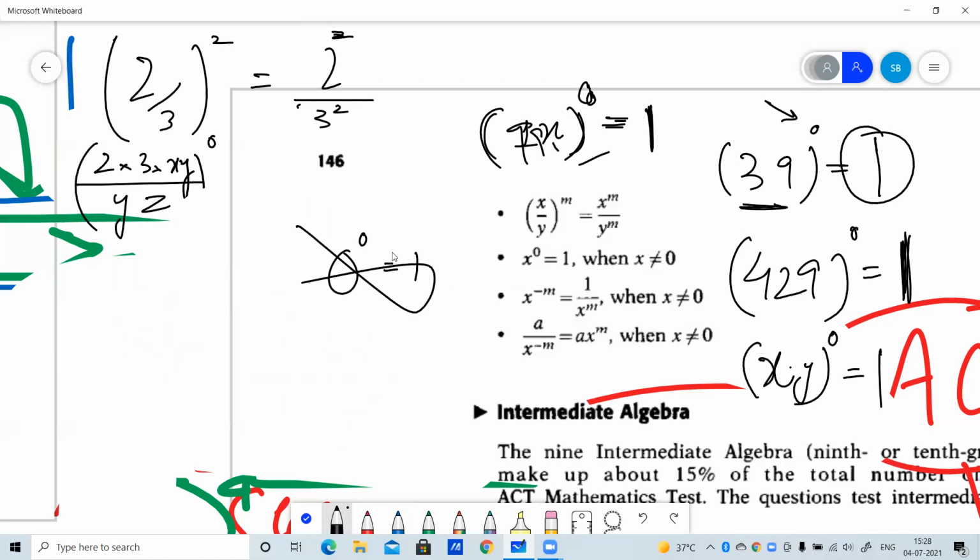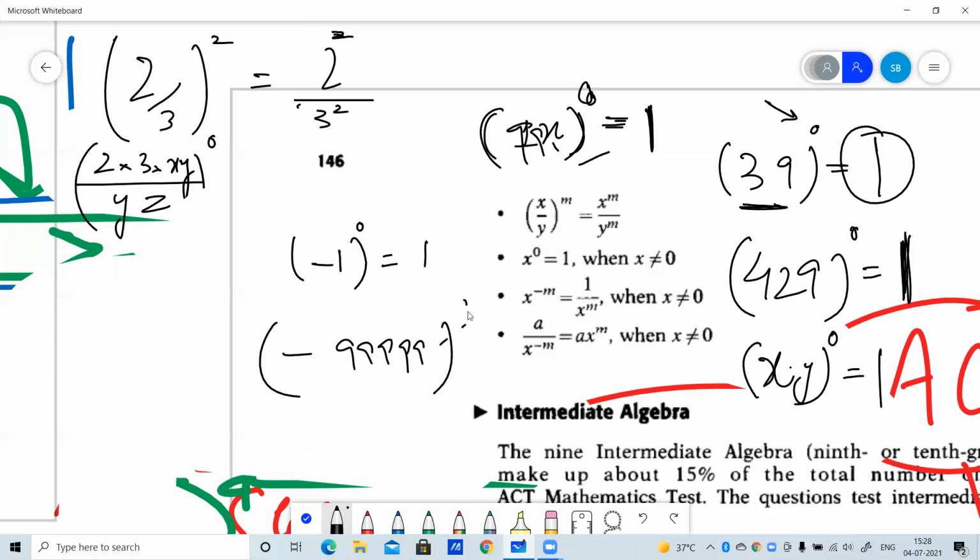Only this thing is an exception. 0 raised to the power 0. You don't know that. So you cannot say it's 1. Other things you can say it's 1. -1 raised to the 0 will also be 1. -99999 raised to the power 0 will again be 1. So anything raised to the power 0 is always 1.